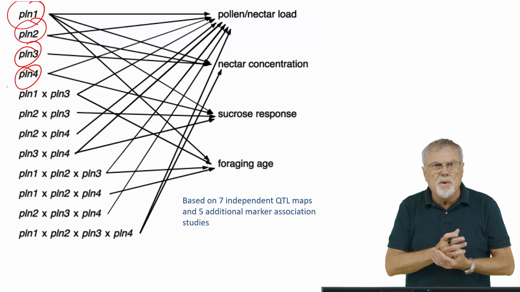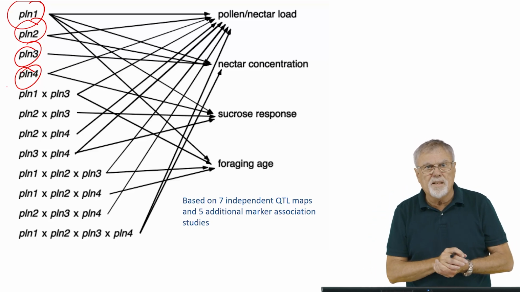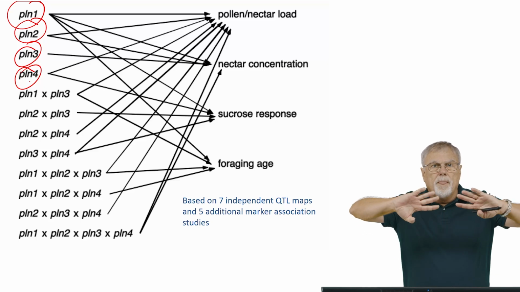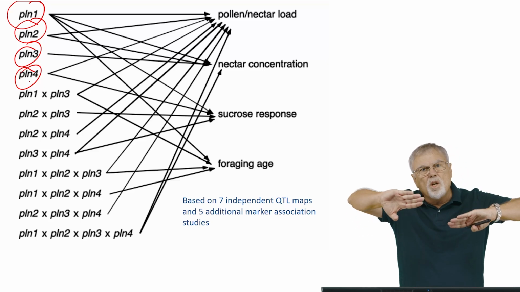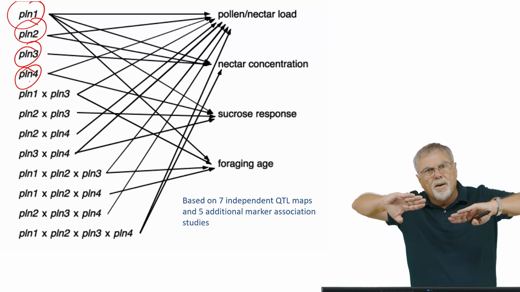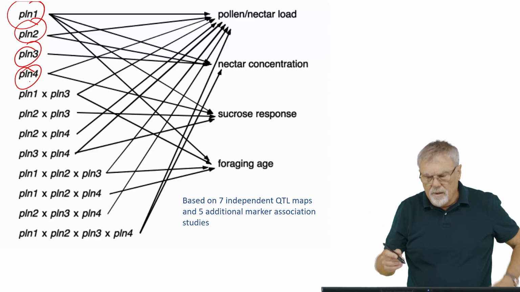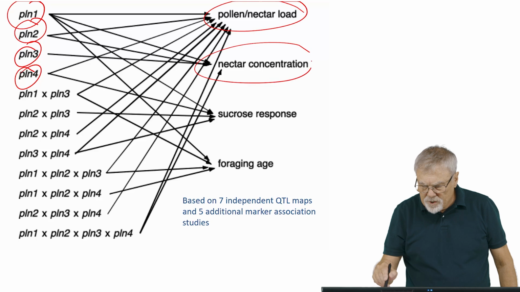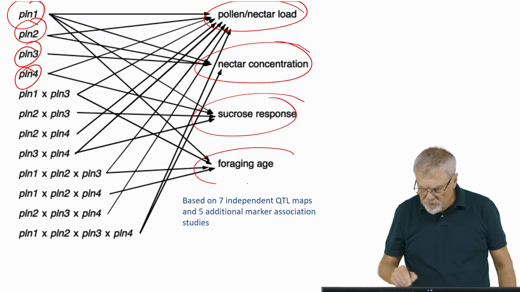What we found when we did the QTL mapping project is this architecture where we identified 4 regions of the genome that explained a lot of the behavior that we were looking at: pollen and nectar load, nectar concentration, sucrose response, and foraging age.